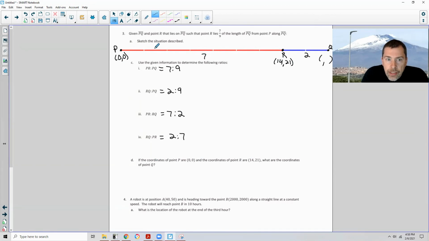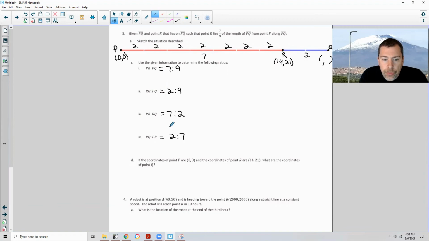So if this is a length of 7, or it's 7 to 2, and this is a length of 14, well, 14 divided by 7 segments would be 2, 2, 2, 2, 2, 2, 2. 1, 2, 3, 4, 5, 6, 7. 7 twos. Repeated addition is multiplication, so all I would do is say, well, 2 times 7 is 14.